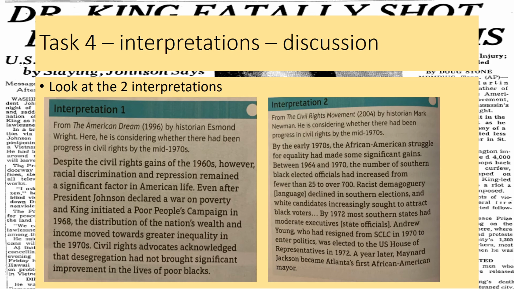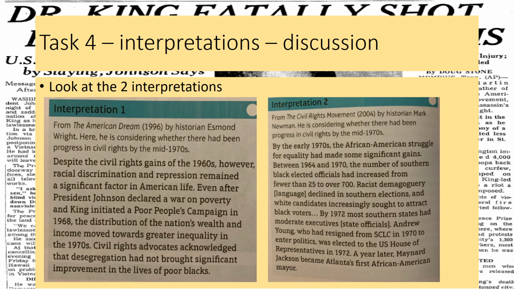So, interpretation 1 is from The American Dream in 1996 by historian Esmond Wright. He is considering, like interpretation 2 will, whether there had been progress in the civil rights by the mid-1970s, so that's after Martin Luther King's death. Despite the civil rights gains of the 1960s, however, racial discrimination and repression remained a significant factor in American life.